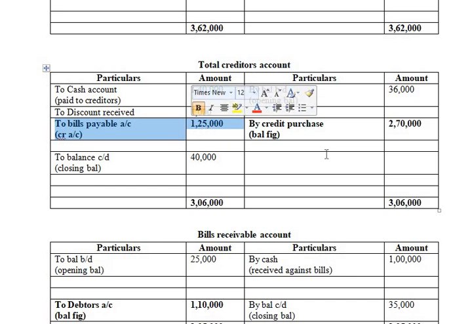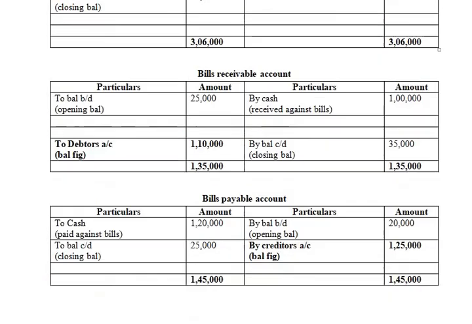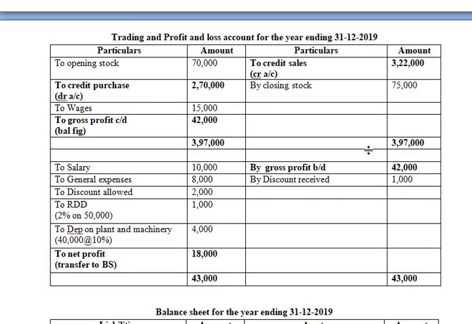Balance of total creditors account, that is credit purchase, this goes to trading account. Balance of debtors account and creditors account goes to trading account. So here it is, trading account, creditors account balance and debtors account balance, credit purchase, credit sales.